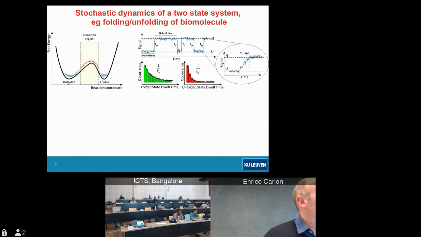A typical situation is that of folding and unfolding of a biomolecule, okay? And here, if you follow the signal as a function of time, you will see typically this stochastic signal that goes into one state, then it rapidly jumps onto the other state, it stays there for a while, and it goes back and forth, okay?